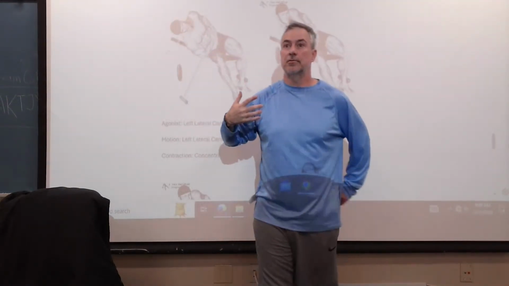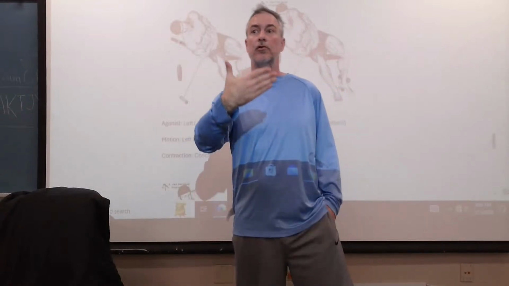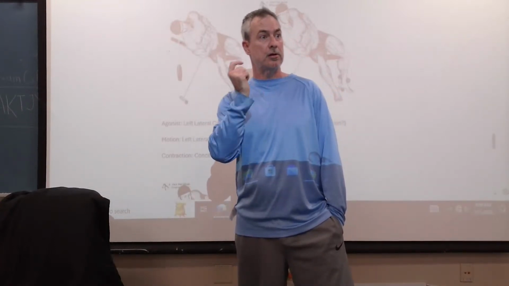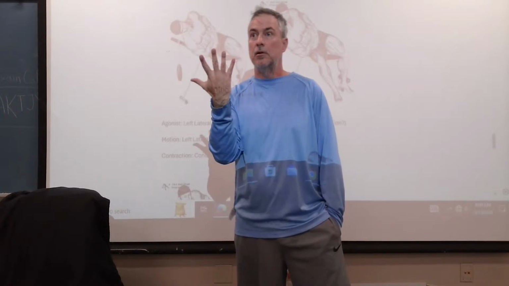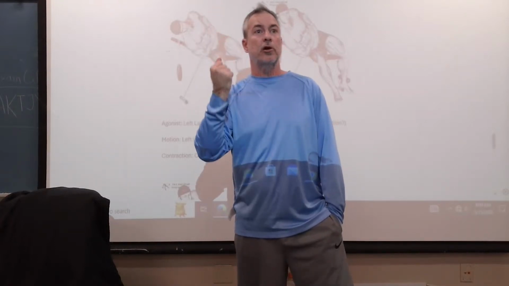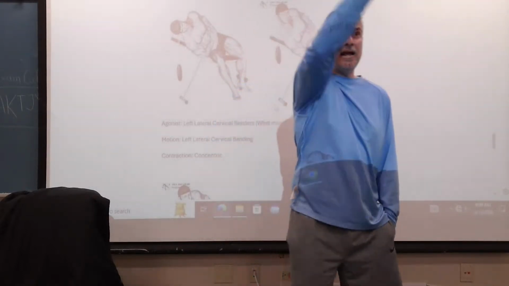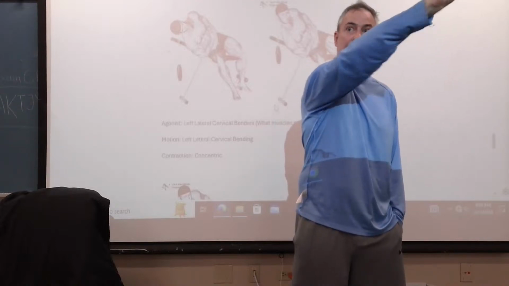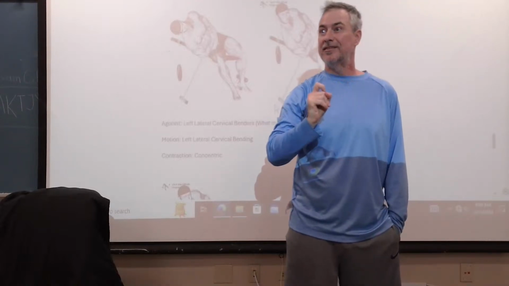We have a name for those muscles, the left lateral cervical benders, the group of muscles that pull in a direction of left lateral. Your cross-sectional anatomy will help to remind you who those muscles are. I need left. I highlight the left side of my neck circle, and I say left sterno, left erector.